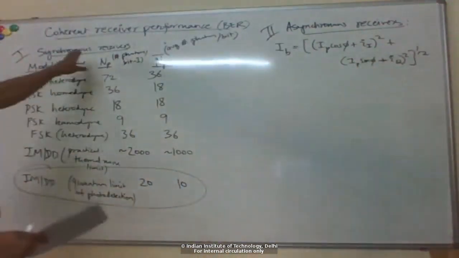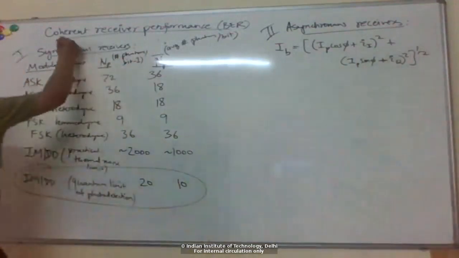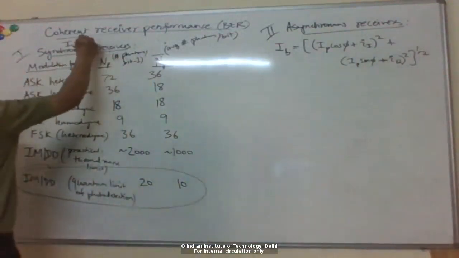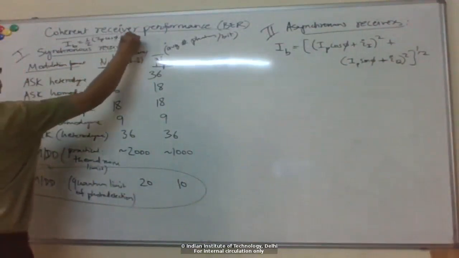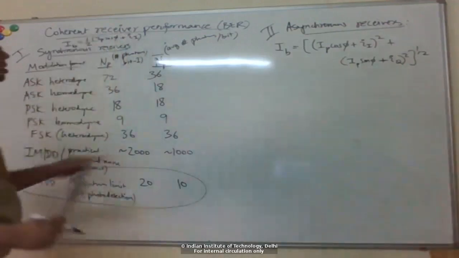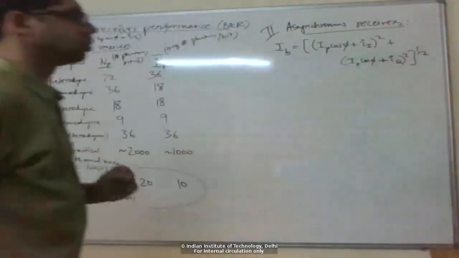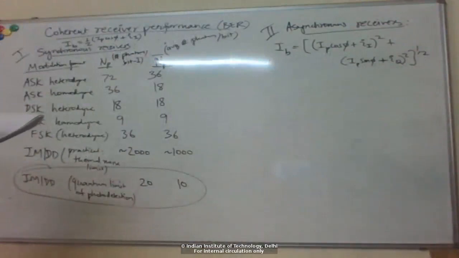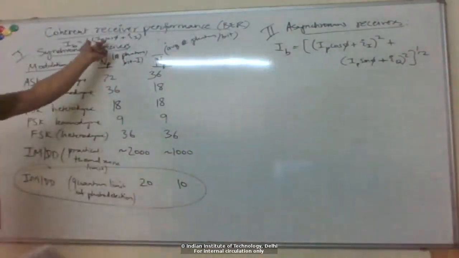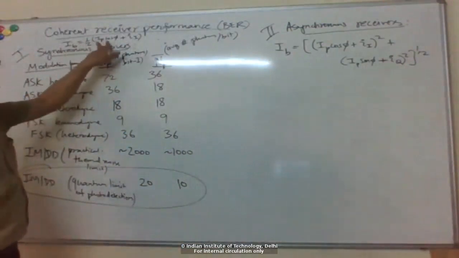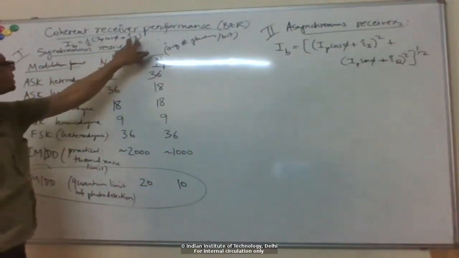For the synchronous case, recall, it was just the first part, whereas for asynchronous now we have both quadrature components. Here for the synchronous case, we have a signal part of the current and then a noise part which adds on to it.